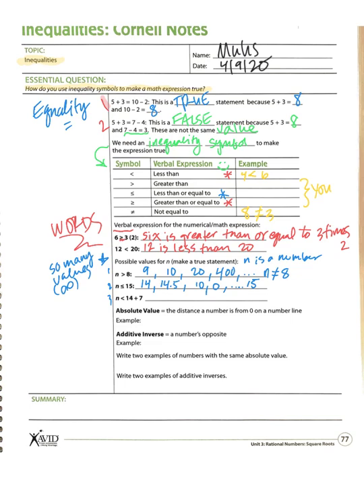Like n is allowed to be 15 because of that equal bar underneath the inequality symbol. Pretty cool. All right, for number 3, we have a strict inequality again. So here I'm up at this one again, less than. So the first thing I'm going to notice is that n is less than 14 plus 7, which is a sum. So over here, I'm going to do 14 plus 7. I think it's 21.